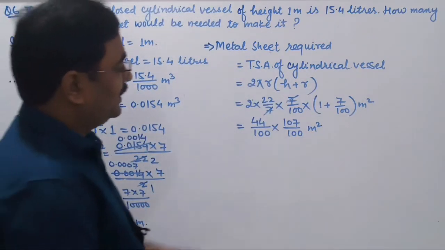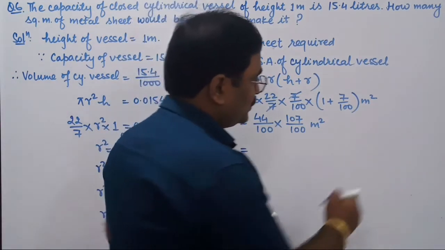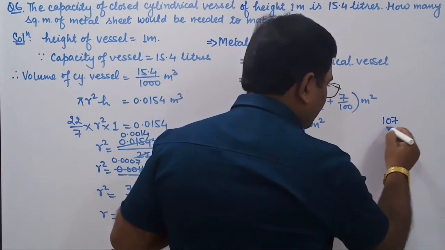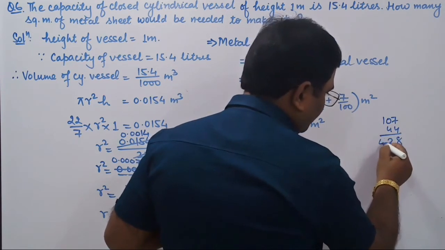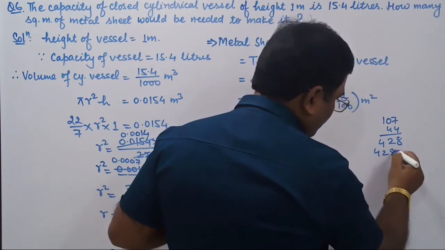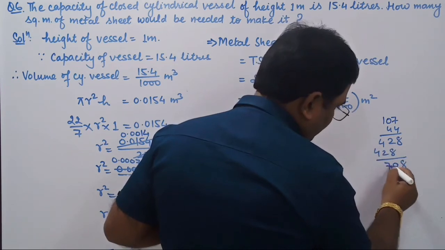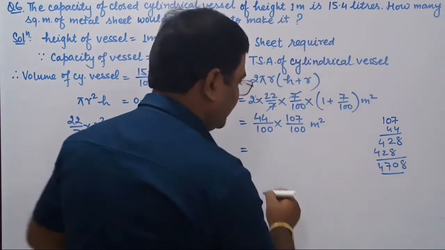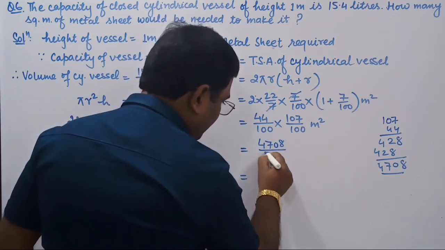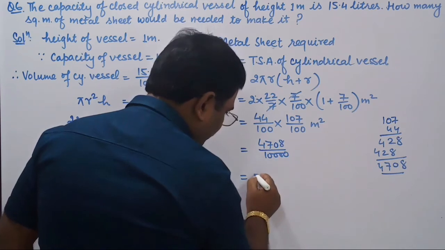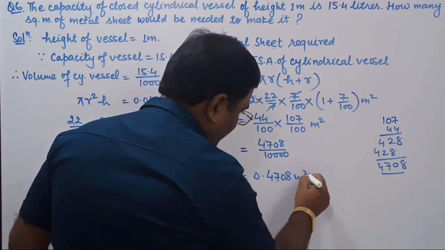Let's multiply and divide by 10,000. The multiplication of 107 multiplied by 44 gives you 4,708, divided by 10,000, which gives you 0.4708 meter square.